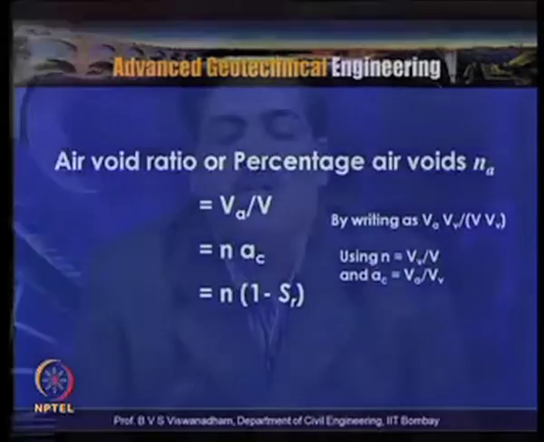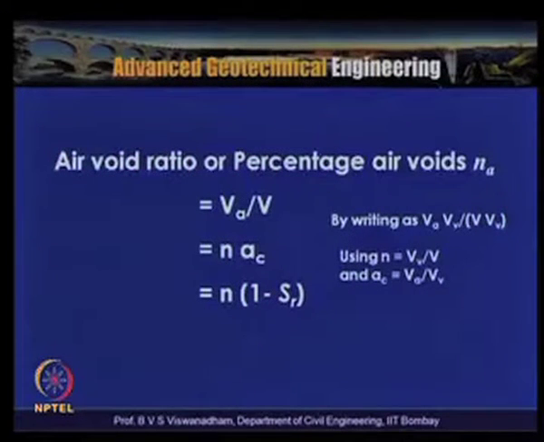Then another parameter is called the air void ratio or percentage air voids, NA, which is defined as volume of air to total volume. By writing VA into VV divided by V into VV, and using n equal to VV by V, which is the porosity we have defined earlier, and AC, air content, equal to VA by VV, we can write the percentage air voids as NA equal to n into AC.